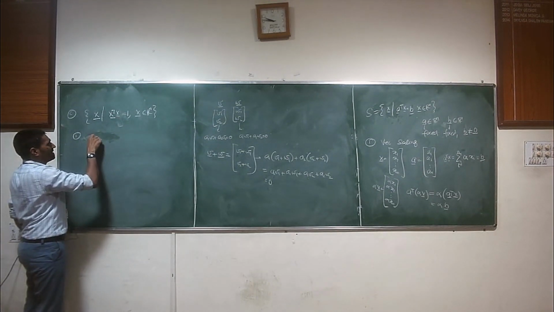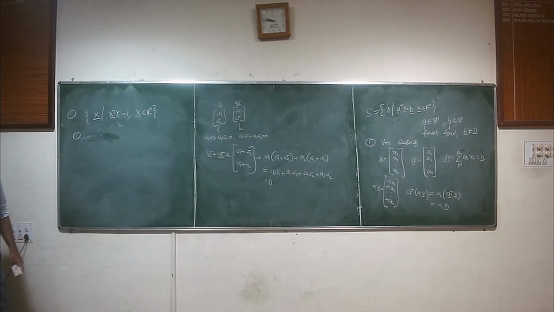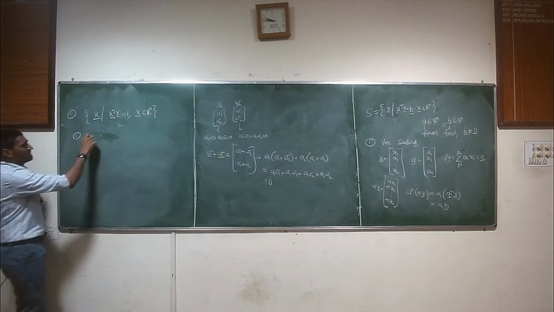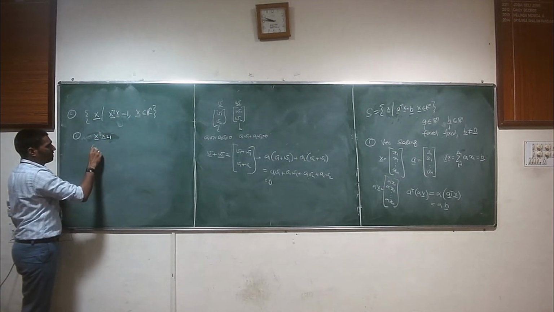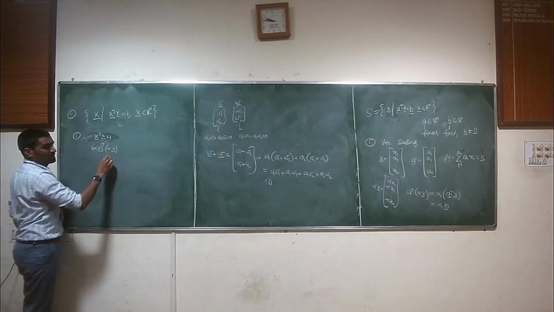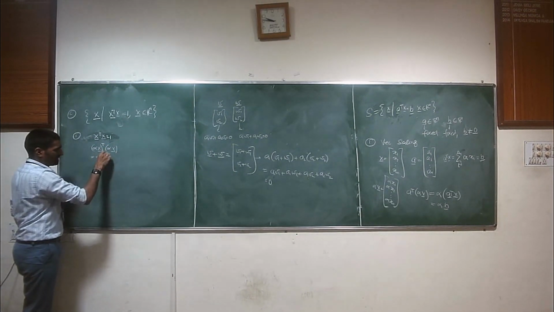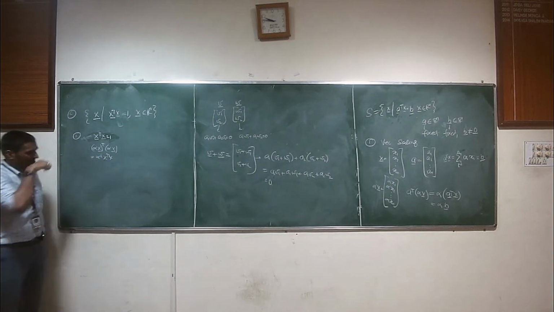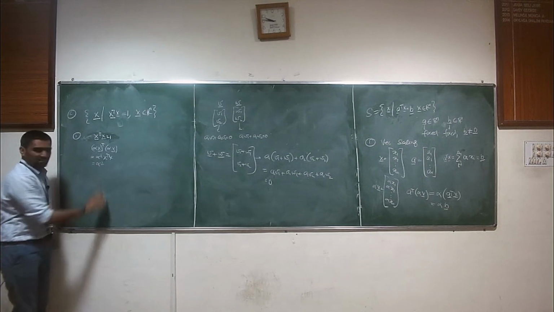See, X transpose X is 1. But if you scale the vector, we'll get alpha square X transpose X. So this is not equal to 1, this is alpha square.